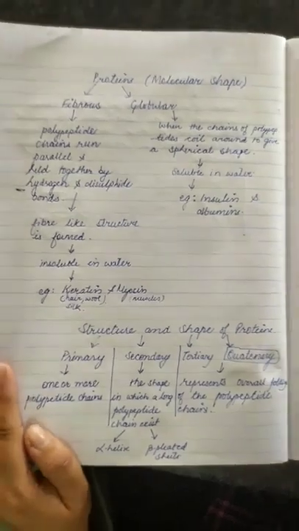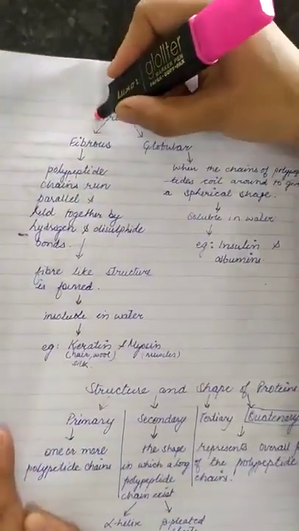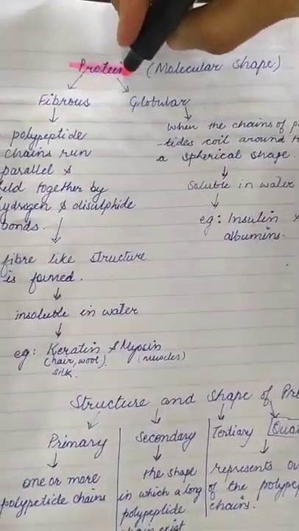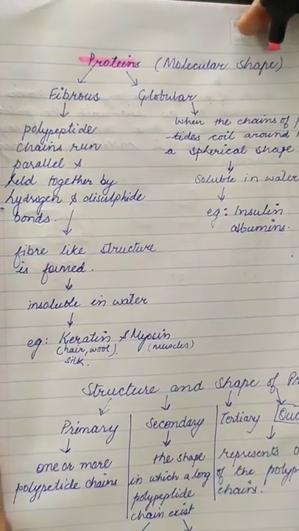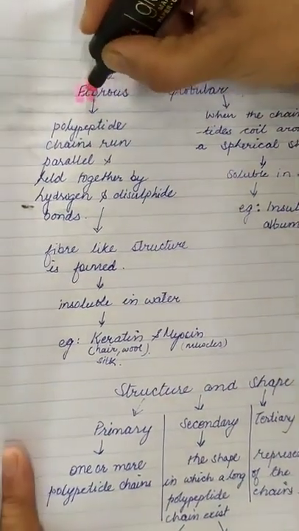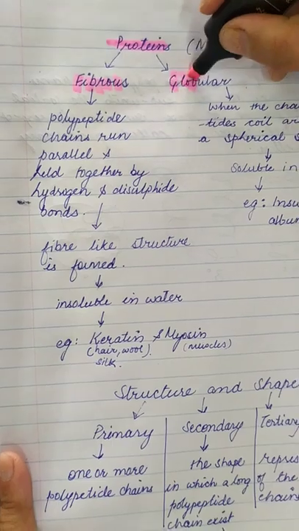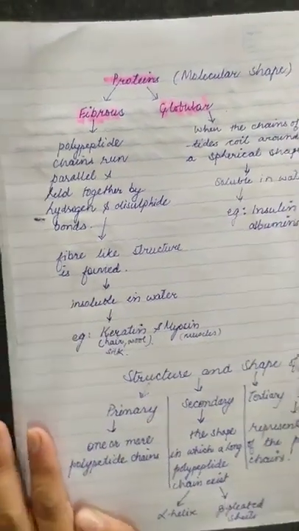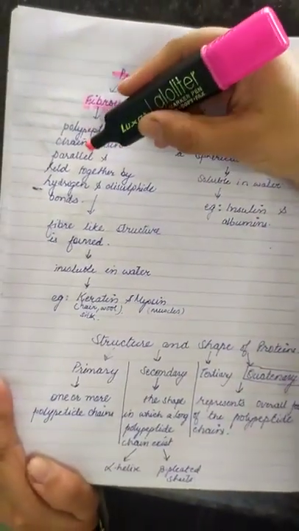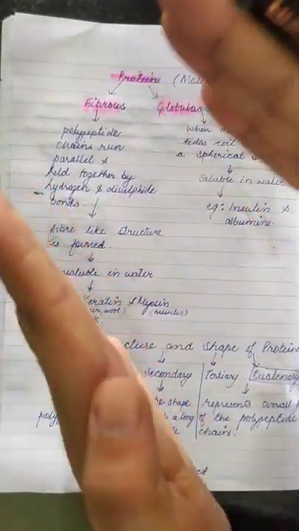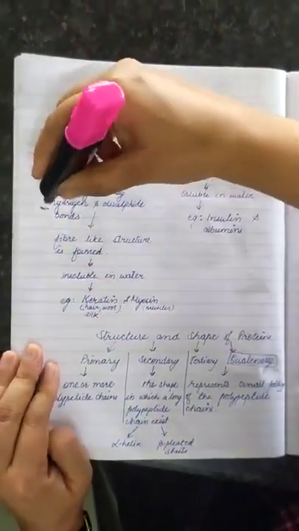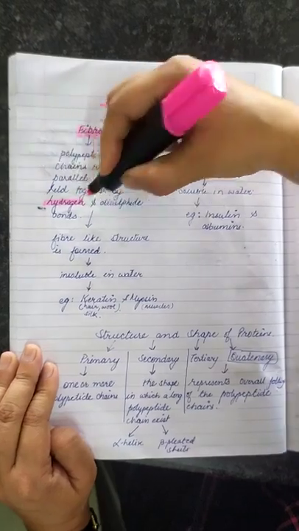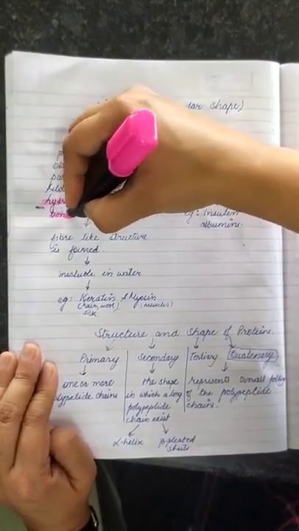Now we'll talk about the molecular structure of the proteins. On the basis of the molecular shape, they are fibrous and globular. Now listen to me very carefully. Polypeptide chains run parallel with each other, held together by which bonding? Hydrogen bonds you know very well, but there are disulfide bonds also.